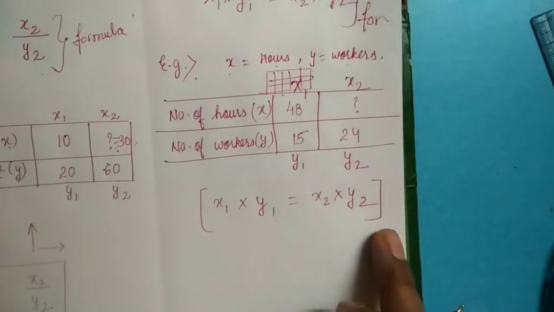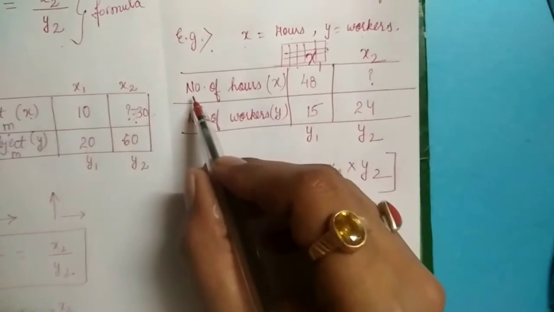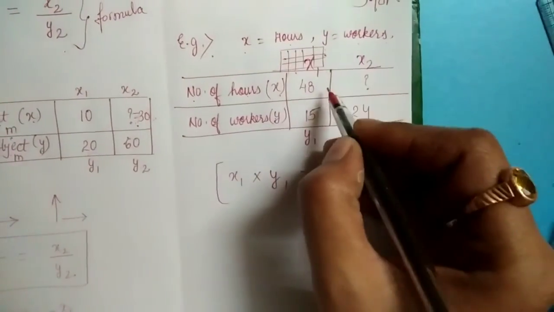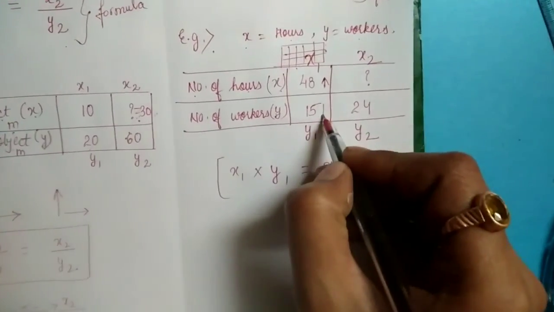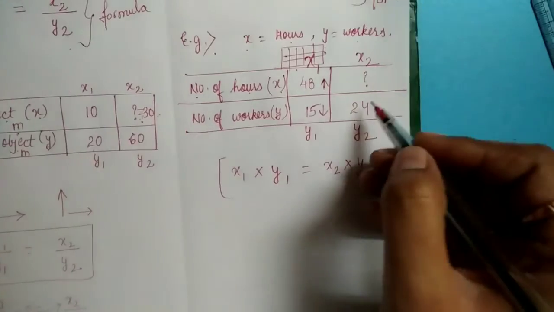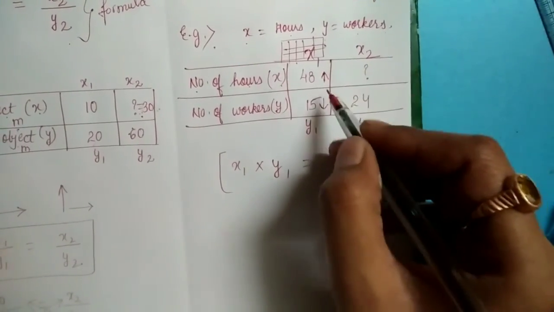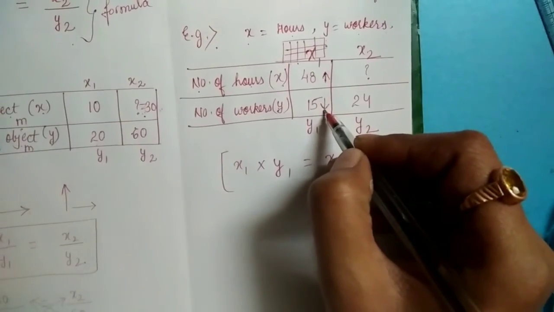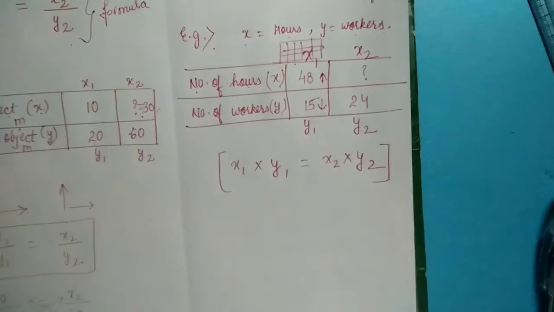Firstly, why are we applying inverse proportion here? You can see as the number of hours increases, the number of workers decreases. Here 24 is given and we have to find its value. It means one value is decreasing and one value is increasing, so inverse proportion we will apply.